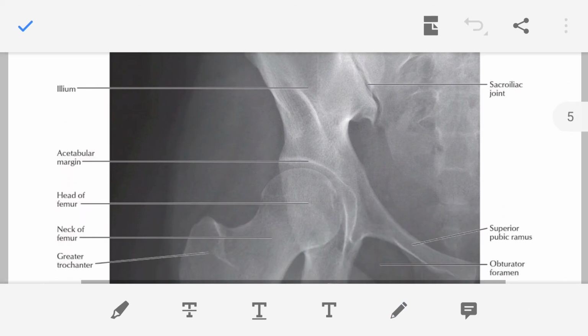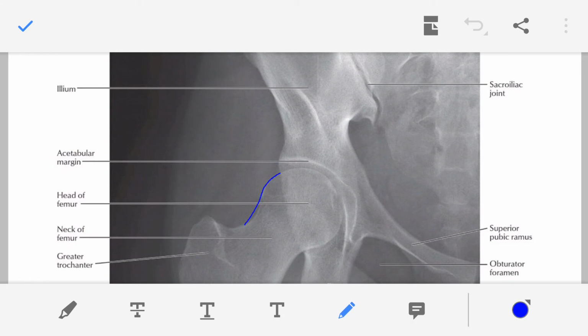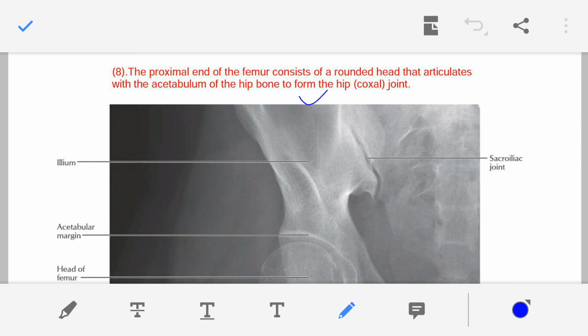As you can see, the head of the femur fits into the acetabulum of the hip bone, and the articulation formed between the head of femur and acetabulum is known as the hip joint or the coxal joint.